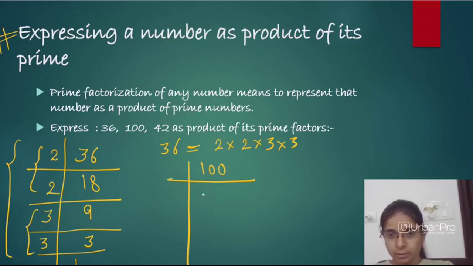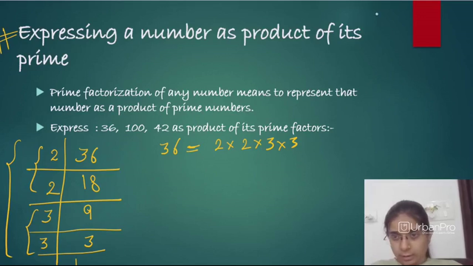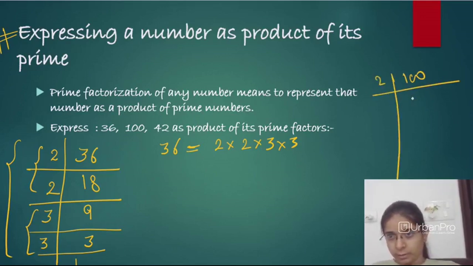Let's try another number. Let's take the number 100. So 100 can be prime factorized like this. We will divide by 2, we'll get 50. Again divisible by 2, 25. Now not divisible by 3, but yes, divisible by 5.